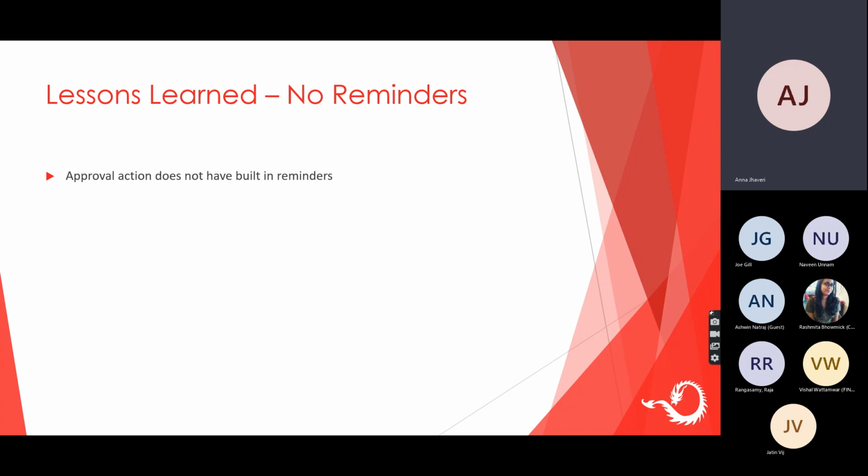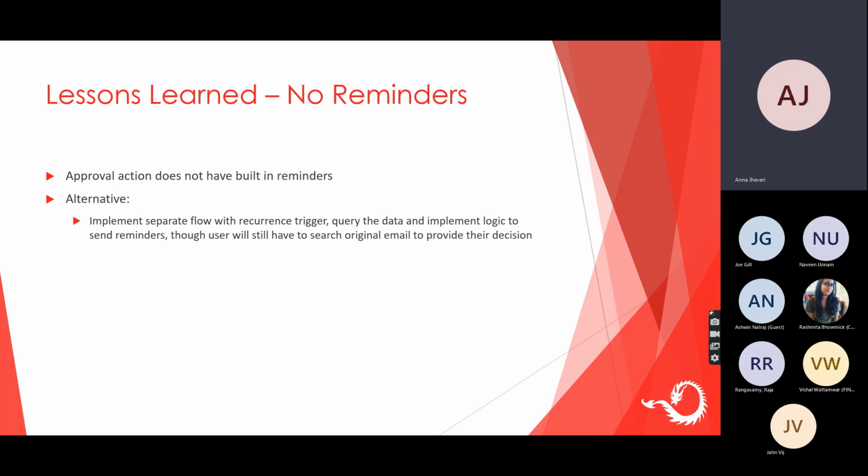Then usually, if you're doing an approval process implementation, you might also want to send reminders to the approver, right? For example, the approver might have seen it but haven't provided a decision within a week, and it may get lost within notifications and emails. It's a nice-to-have thing to send reminders, but unfortunately Power Automate approvals don't have anything inbuilt to configure reminders. You have to implement your own logic to do that.